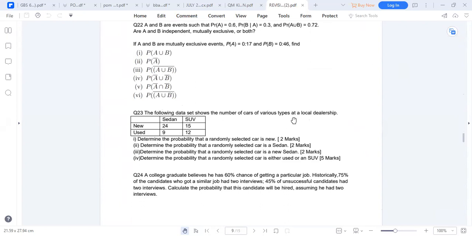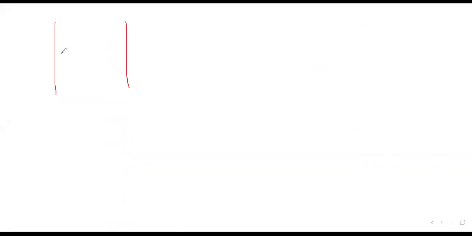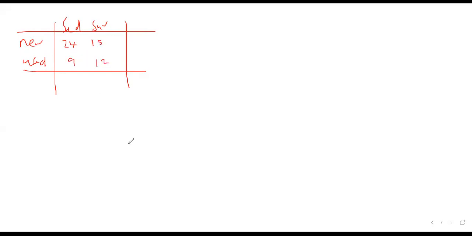New, used, SUV, sedan. We have numbers like 24, 15, 9, 12. Then we had the following questions to answer.